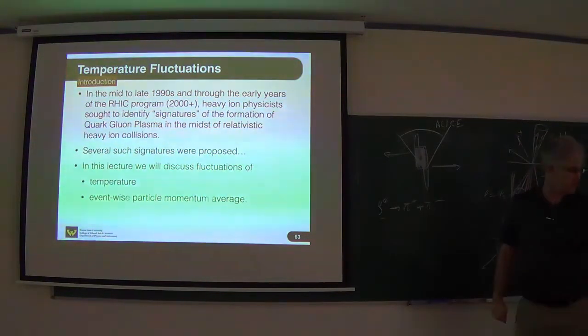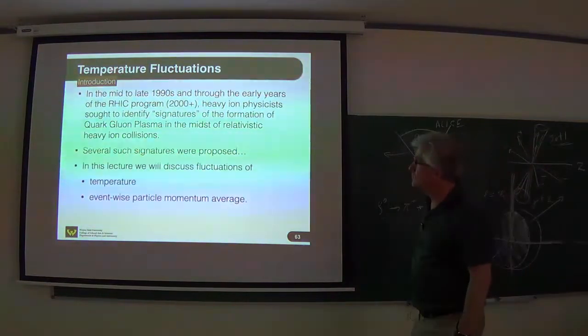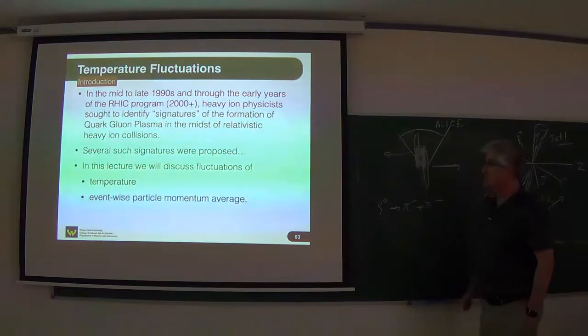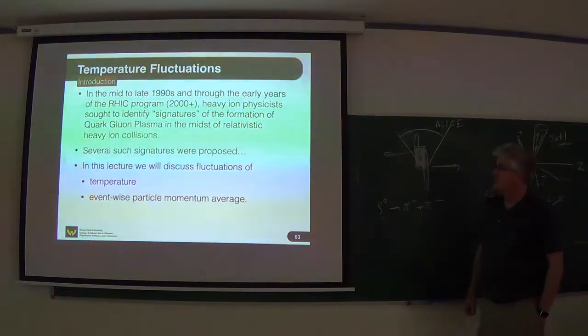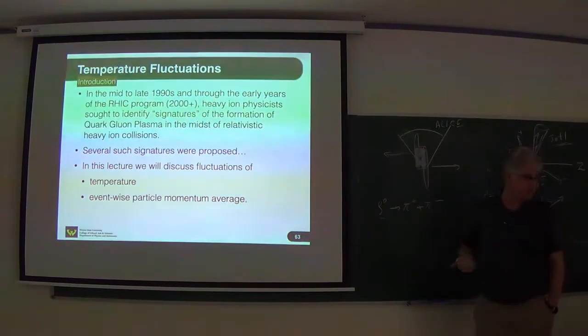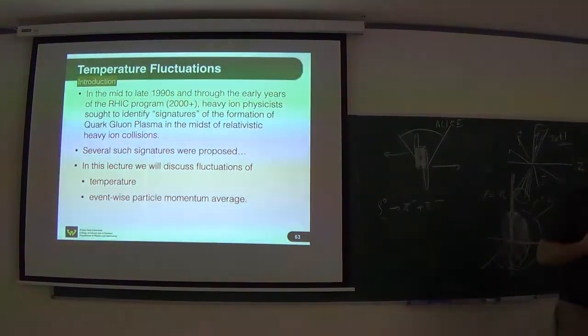The temperature fluctuations are of interest because they can tell us in principle about the heat capacity of the medium. There were also fluctuations of multiplicity that were predicted to be a measure of the compressibility of the system. So in the 90s and early 2000s, people were really interested in measuring fluctuations of observables, like the multiplicity, the charge, and also the temperature.